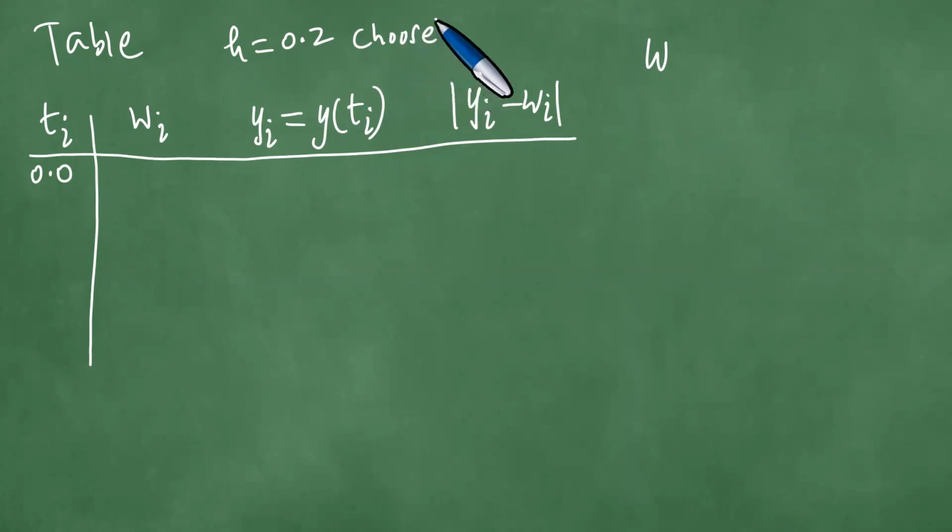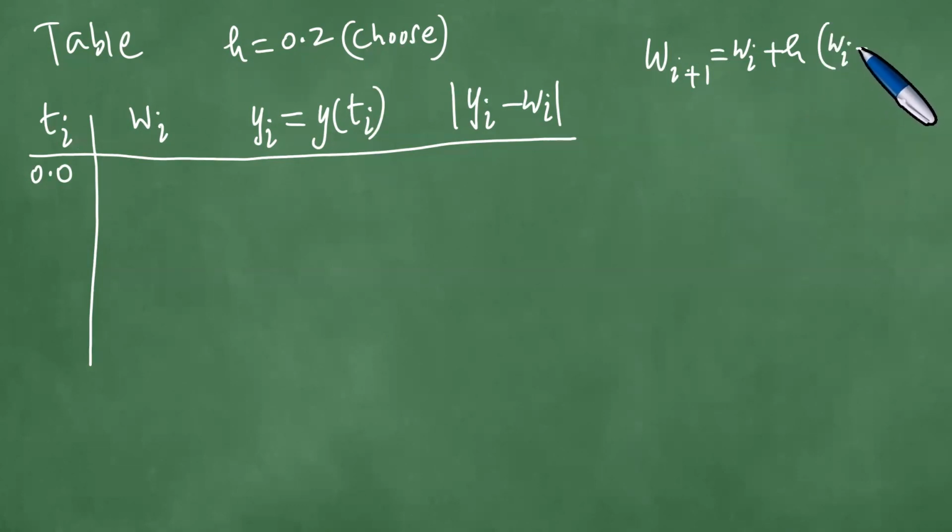Please, it's always stated in the question. So choose H to be this, and we take the difference equation, which is always Wi plus H times what we got, which is Wi minus Ti squared plus 1, like so.